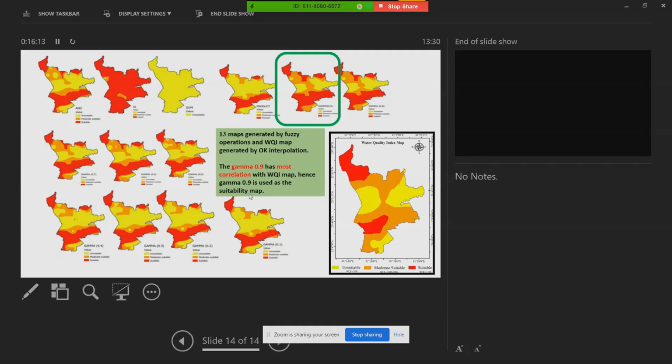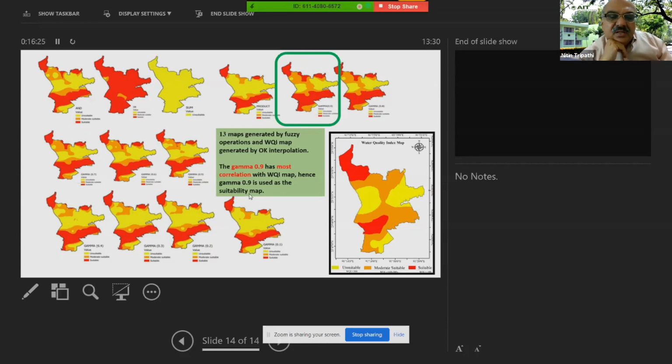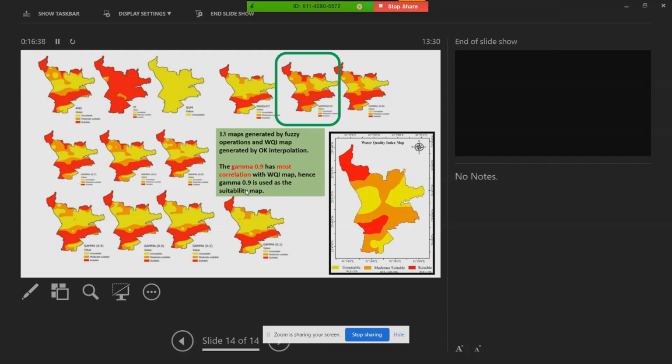I asked a question to Vilawan: what is the gamma function? She is saying in the chat box that it is a membership function. Please explain this membership function. A membership function represents the degree of trueness in fuzzy logic, right?